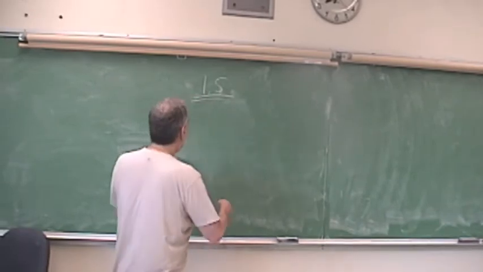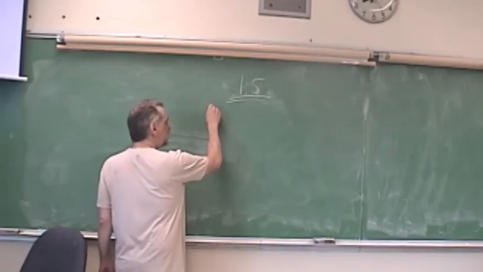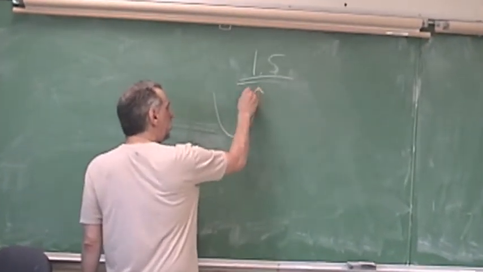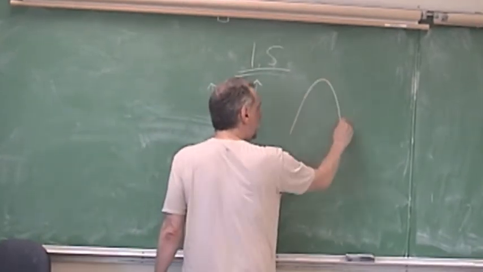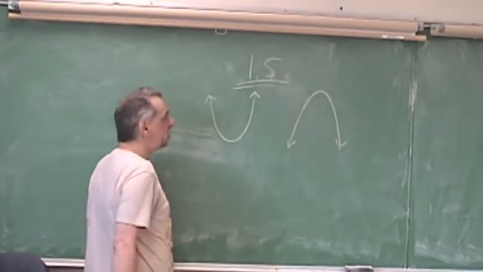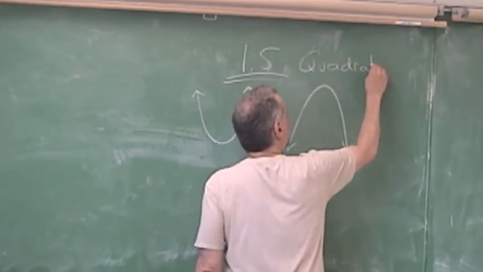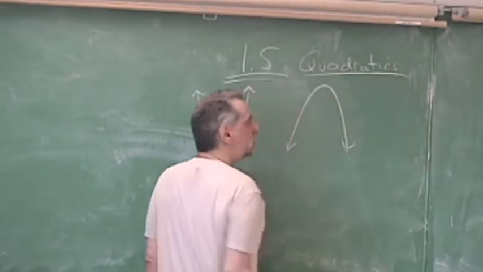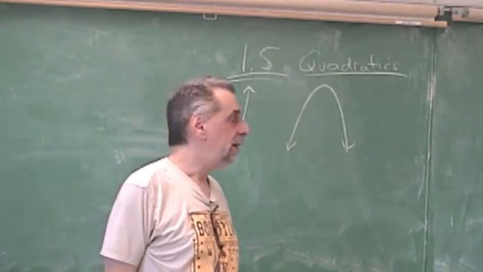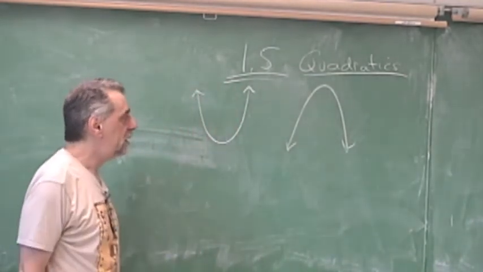What we're really doing here is taking a quadratic which has this form, either a parabola opening upward or a parabola opening downward. These are the shapes for quadratics, as opposed to the lines that we were talking about in previous sections.